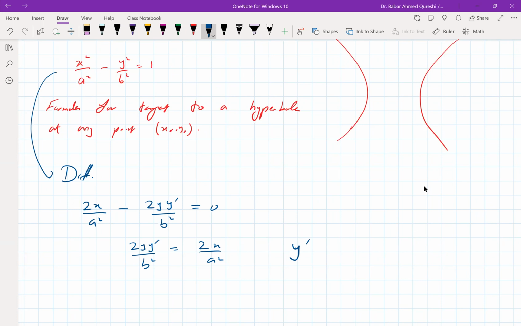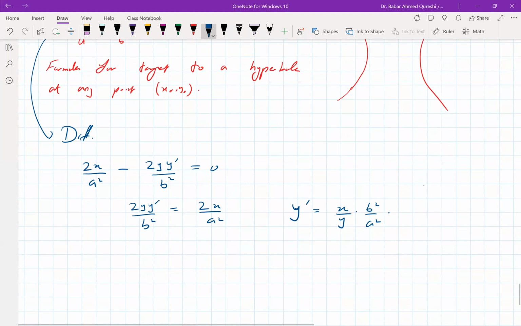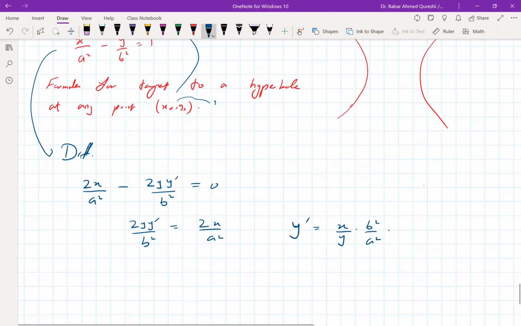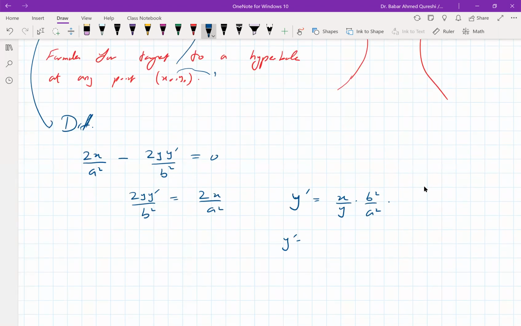So y derivative is x over y, b square over a square. So whatever point you want to compute, you put in that point here, x naught, and you will get a y naught from this formula.